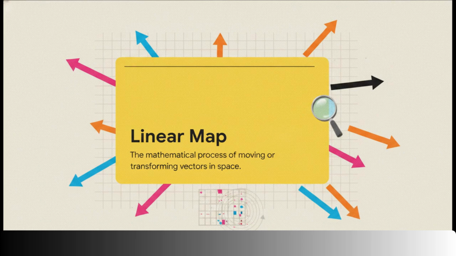Just think of a vector as an arrow in space with a specific direction and length, kind of like a set of GPS coordinates. The second concept is a linear map. A linear map is simply the mathematical process of moving that arrow. And here is the secret to the whole shebang. A matrix is simply the mathematical representation of these linear maps.